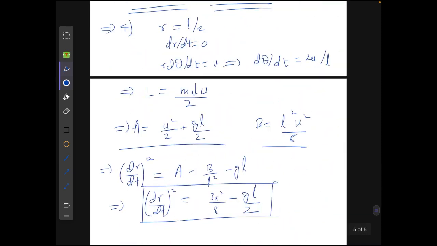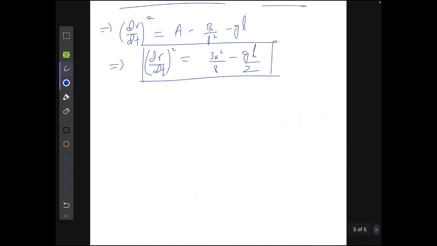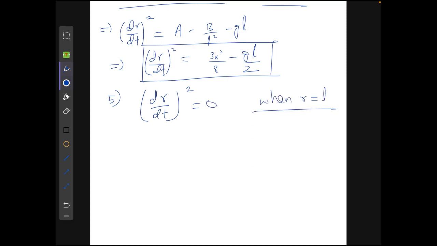So the condition that the ball won't pass through the hole is dr by dt whole squared, or dr by dt simply, equals 0 when r equals L. And this is just what we calculated at the end of part 4. So basically 3u squared by 8 equals gL over 2 in the limiting case.